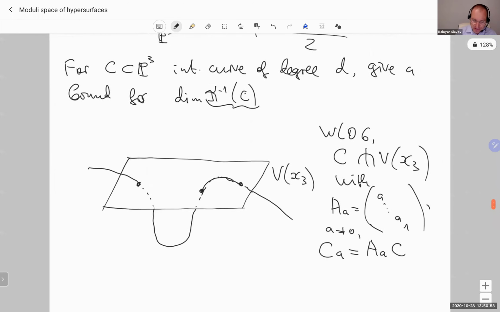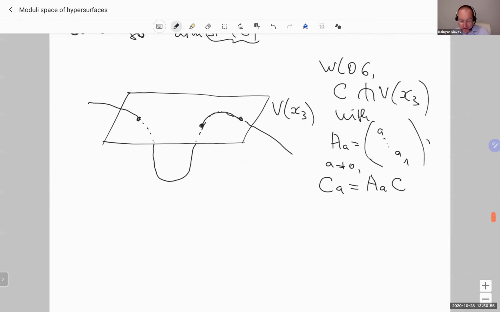So we start with the curve and then we apply these linear transformations. Now, C_a is projectively equivalent to C. And the C_a form a flat family over A1 minus the origin, because a is non-zero.